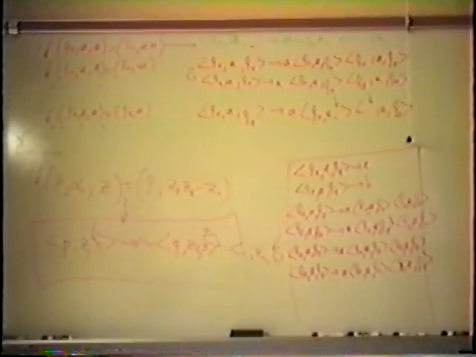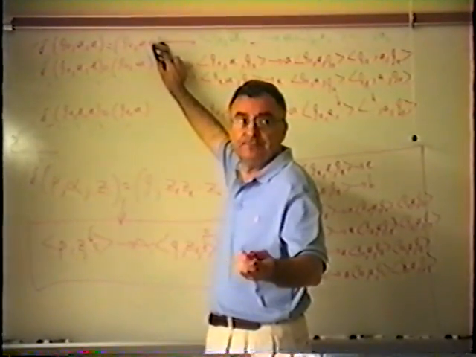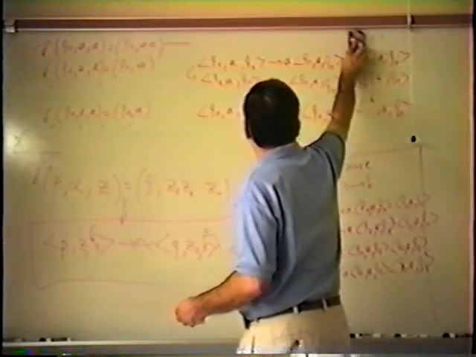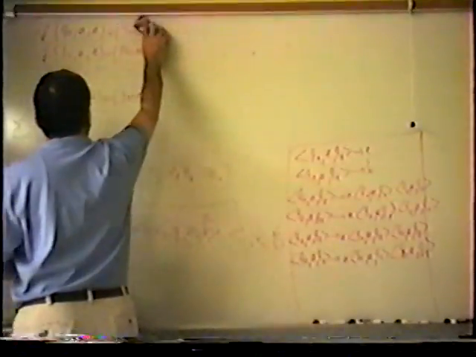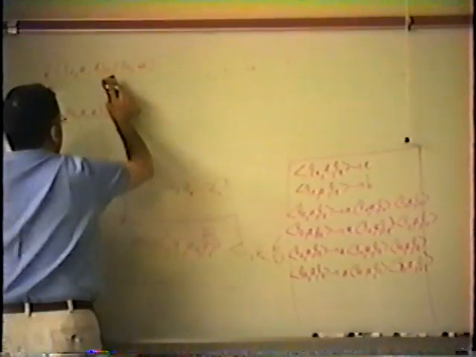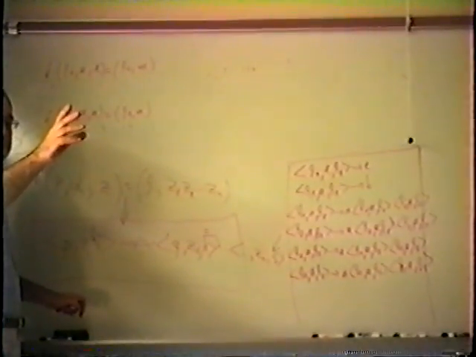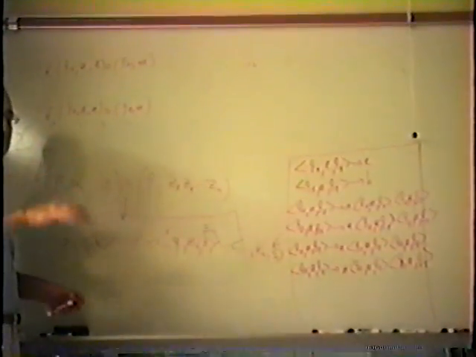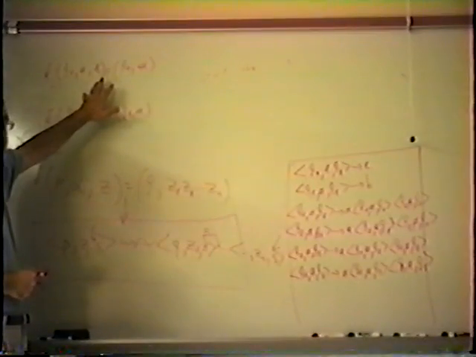Okay. So out of this transition, I get four rules. So we don't need that. Okay, now this one. Do you follow? Well, let's do this one.